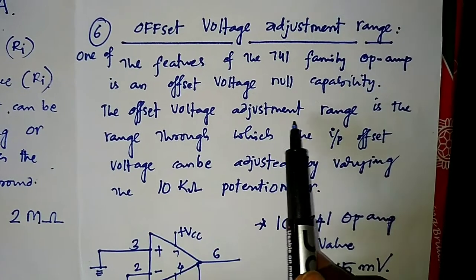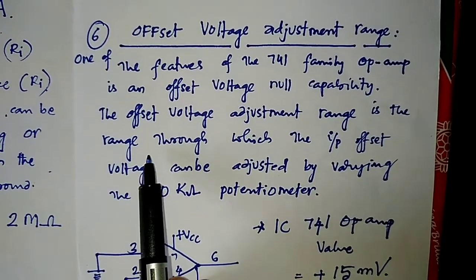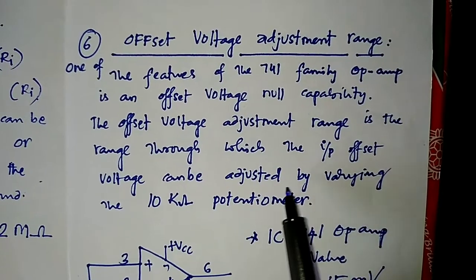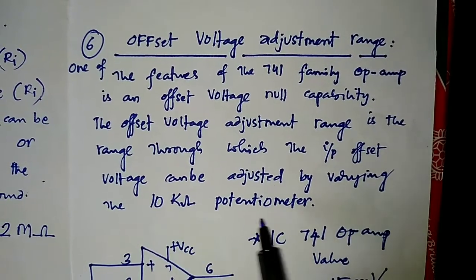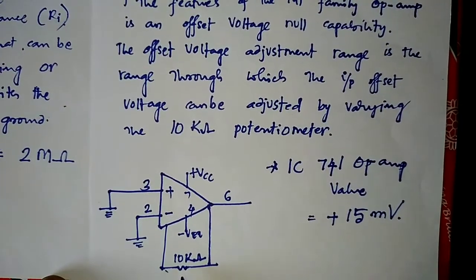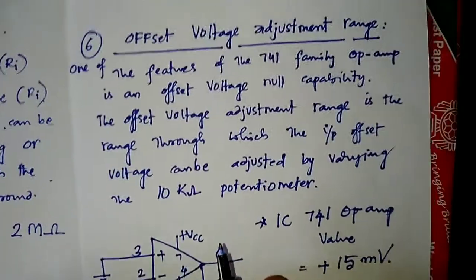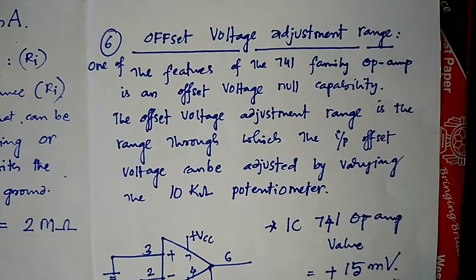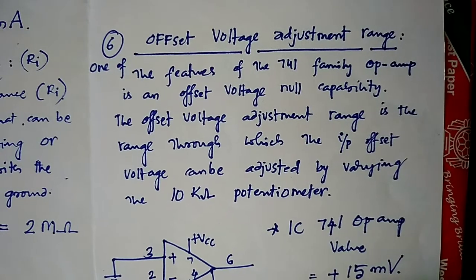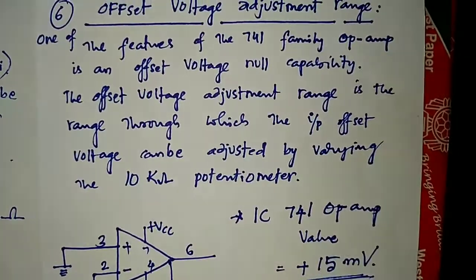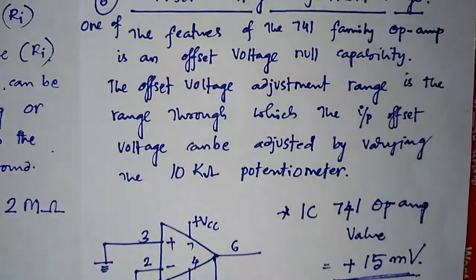The offset voltage adjustment range is the range through which the input offset voltage can be adjusted by varying the 10 kilo ohm potentiometer. With the help of this potentiometer, you can change the input offset voltage. The practical IC741 input offset value is plus or minus 15 millivolts.